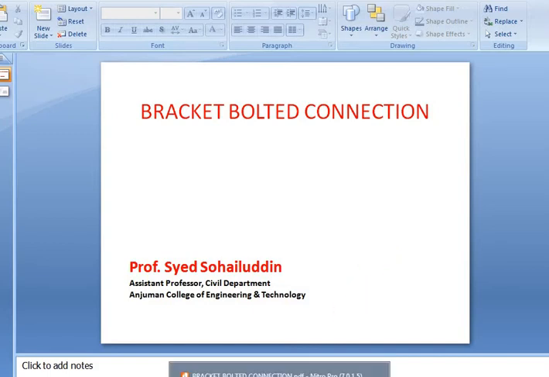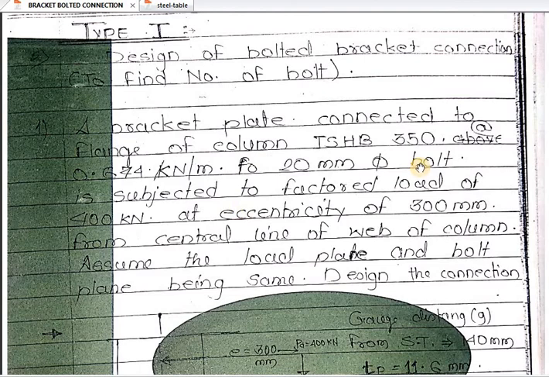Here I am reading the problem related to bracket connections. In the design of bolted bracket connections, we have to find out how many bolts are required in order to connect I sections with the bracket sections, as I have already discussed in the previous lecture.